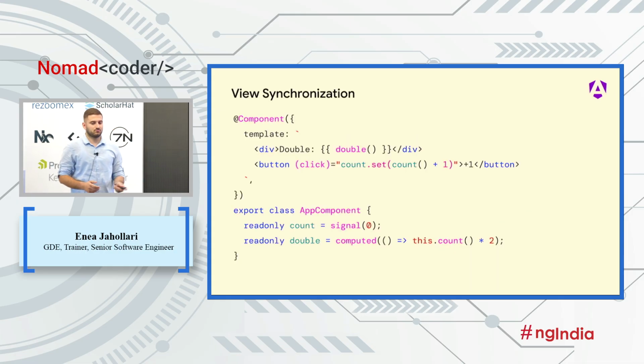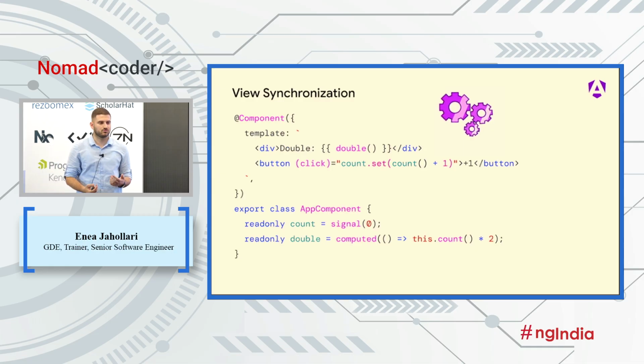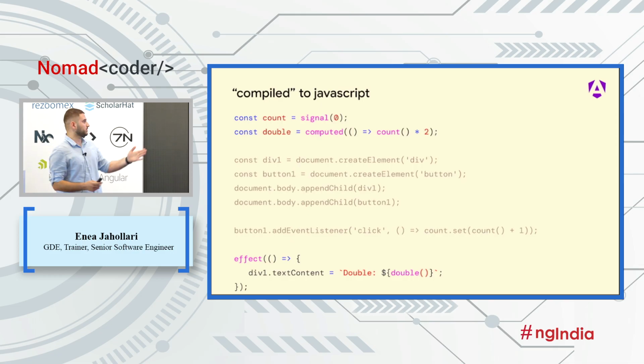So let's say we have a double computed, and then we have a button click that updates the count that computed depends on. Let's compile this to normal JavaScript code and see why that matters. If we compile this, we probably will have the same count signal, and of course the double computed.